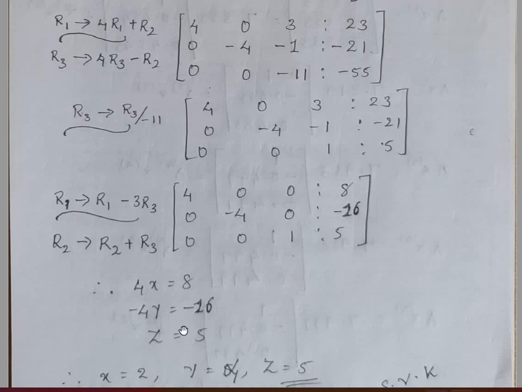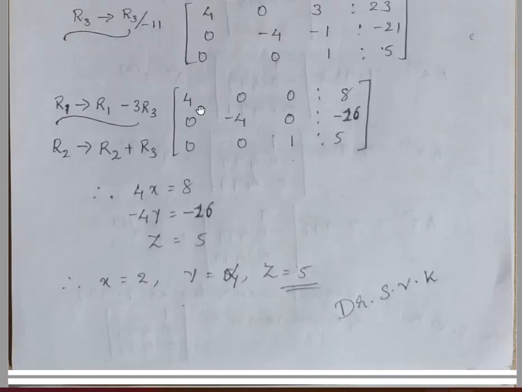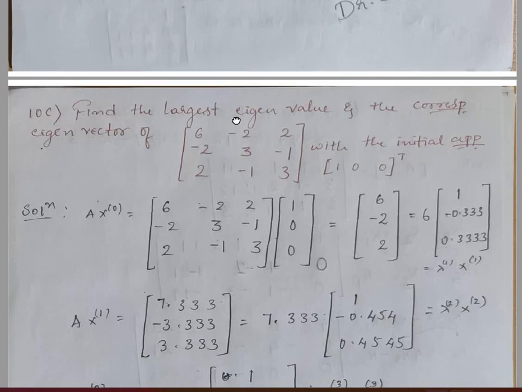So therefore from this I got the solution as x equal to 2, y equal to 4 and z equal to 5. This is the solution using the Gauss-Jordan method.